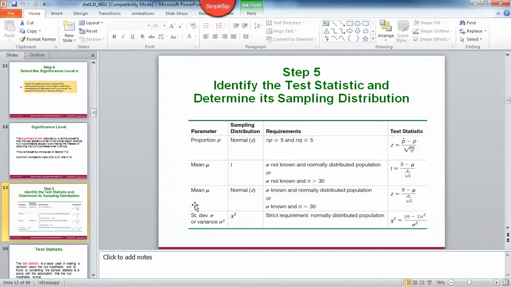If we're talking about the standard deviation or variance, it is a chi-square distribution. These are the formulas that you use to find your different test statistics. Again, I believe these are listed on your formula sheet, but you definitely have to use these to work out problems, so it's important you know where they are.